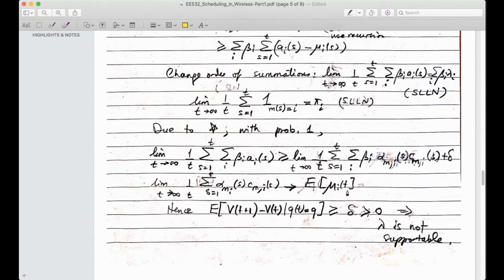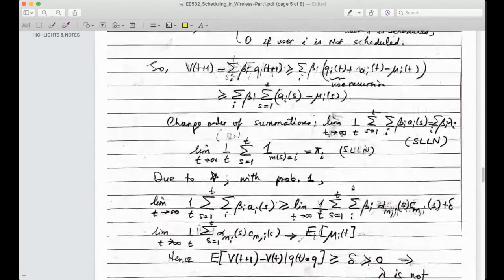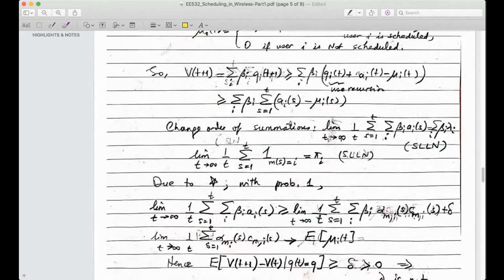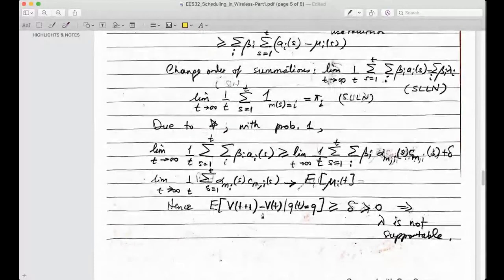And from that, by inserting this in here, we conclude that the expected drift in the Lyapunov function is positive. So lambda is not supportable.